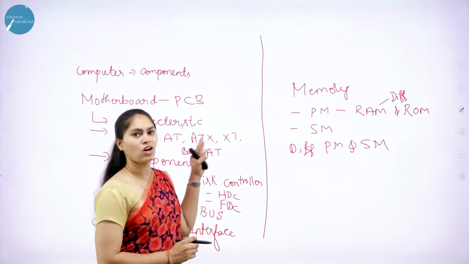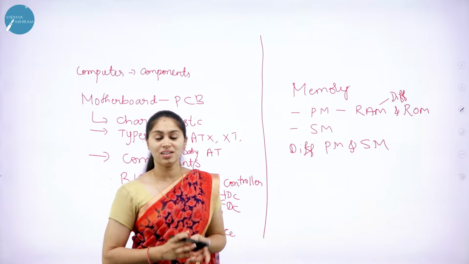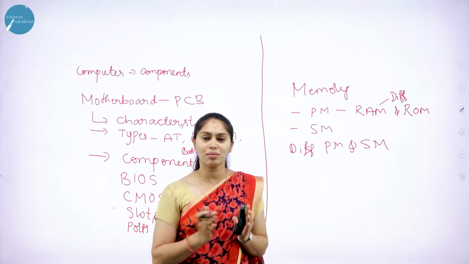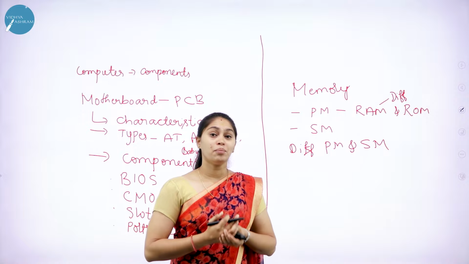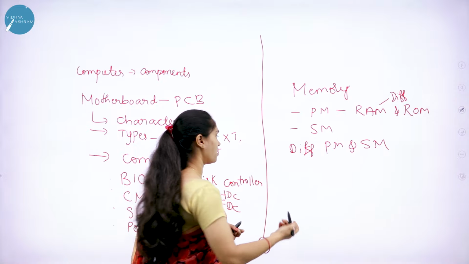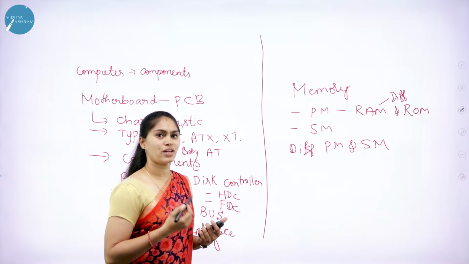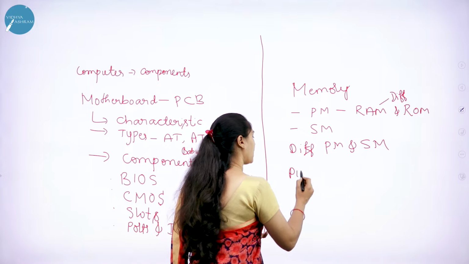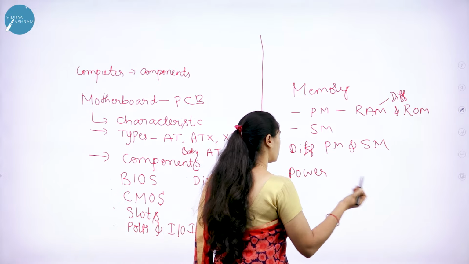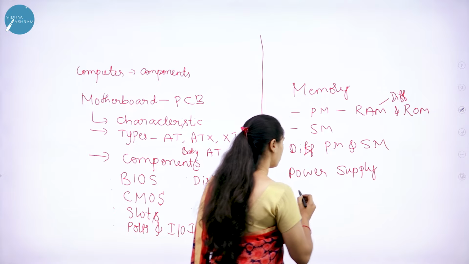Now, looking at all these concepts, how will the computer work? Mainly we have to give power to the computer system. That means we have to provide electricity to the computer system, right? When it comes to giving the power supply to the computer, it can take place in two types.